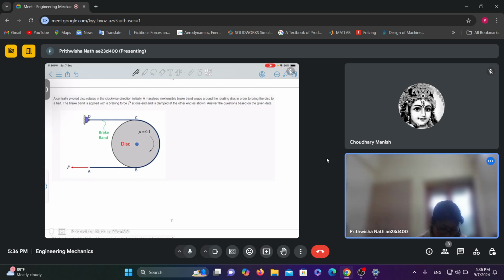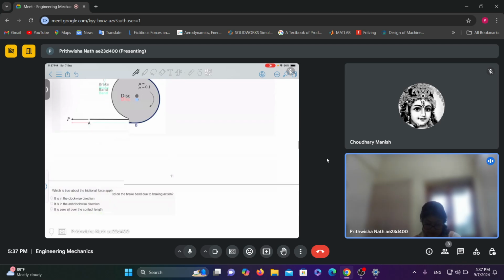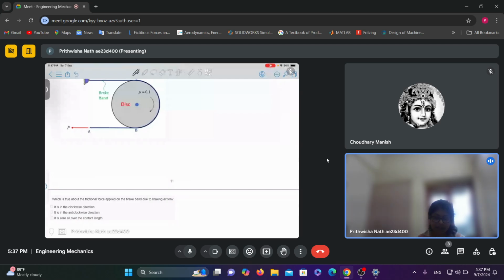Answer the questions based on the given data. Which is true about the frictional force applied on the brake band due to braking action? So can you tell me which option is correct?